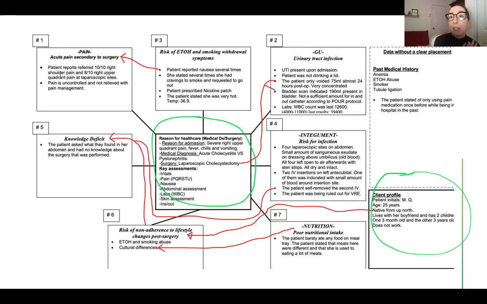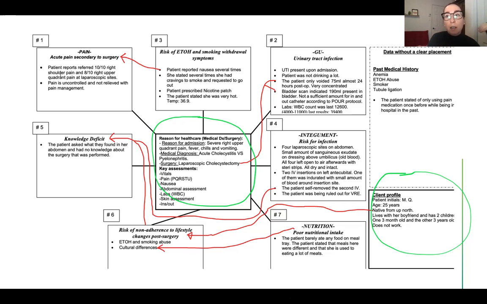You have UTI as priority number 2. So there's a variety of them. What I want to call your attention to is the numbering system. Notice that your first priority problem is your highest level priority, meaning the one that is most likely to threaten your patient's life, anything related to the surgery. And then so on and so forth.